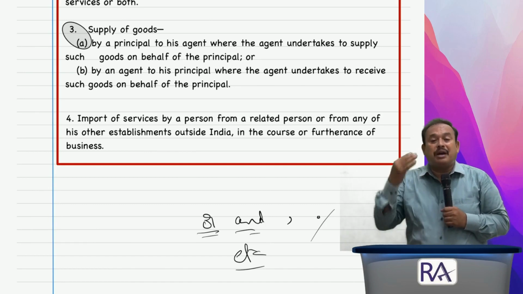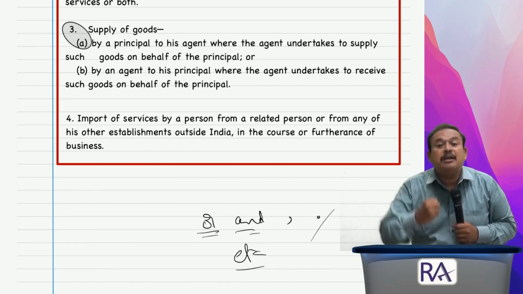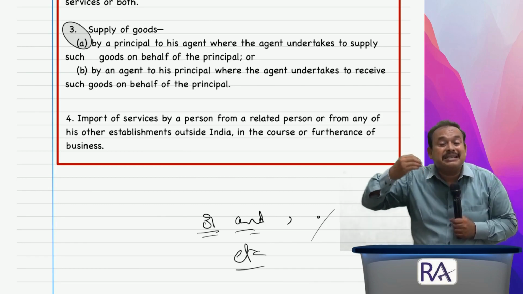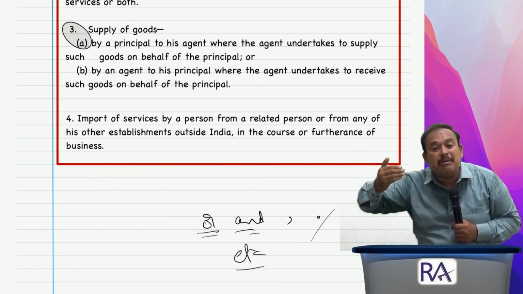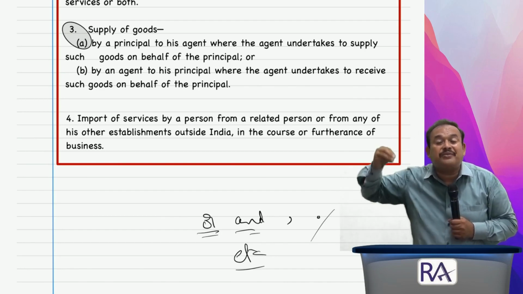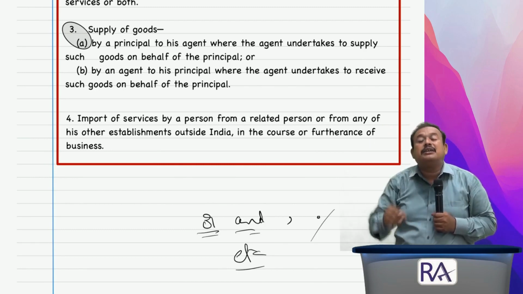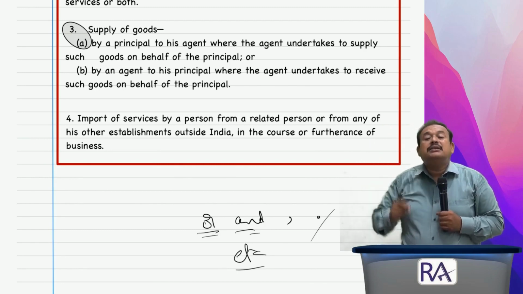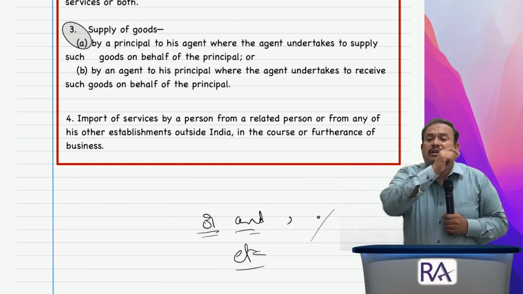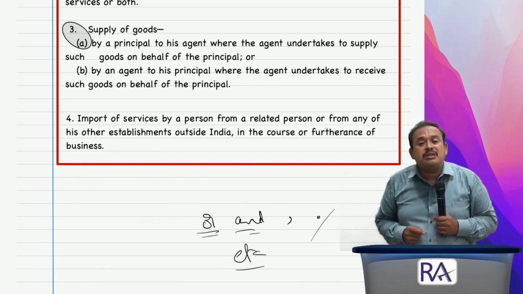So, the import of services by a person from its related person or from an establishment outside India in the course or furtherance of business must be present as an element to treat it as supply even without consideration.